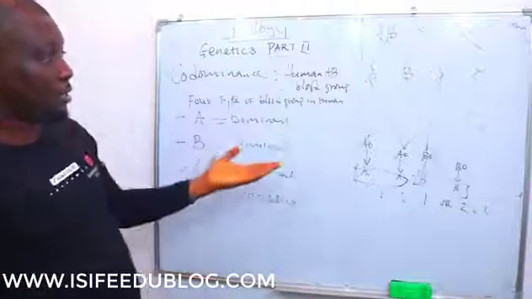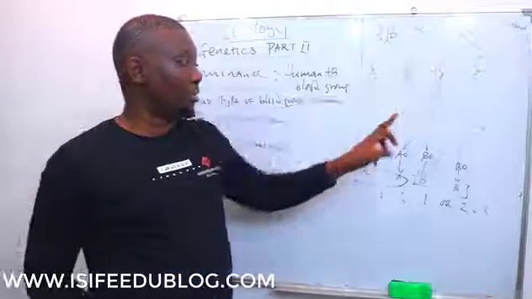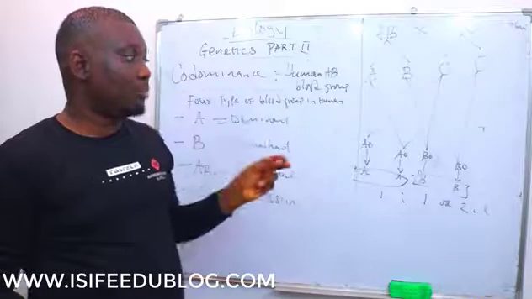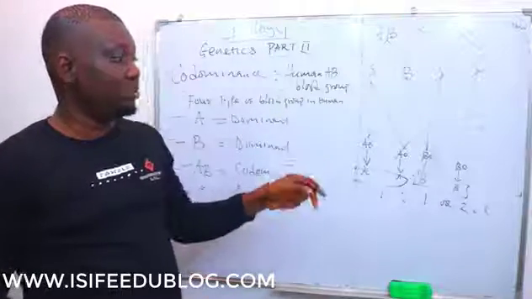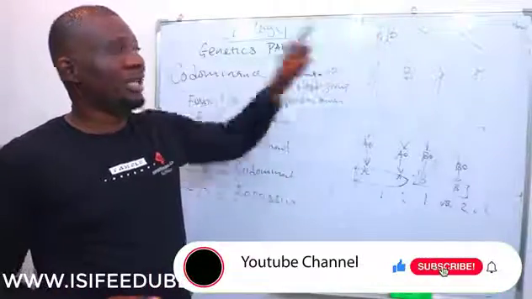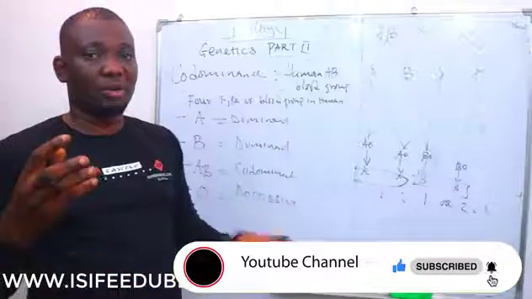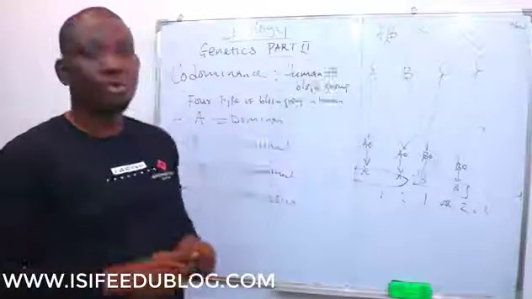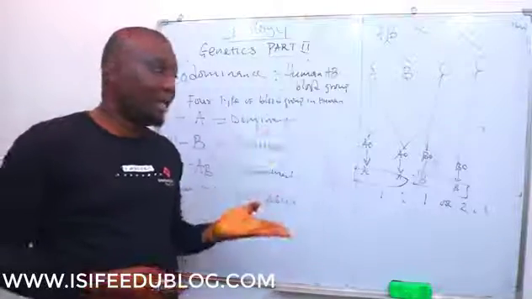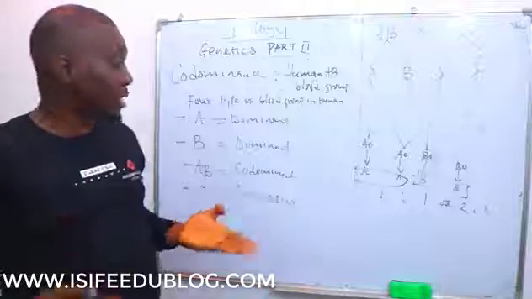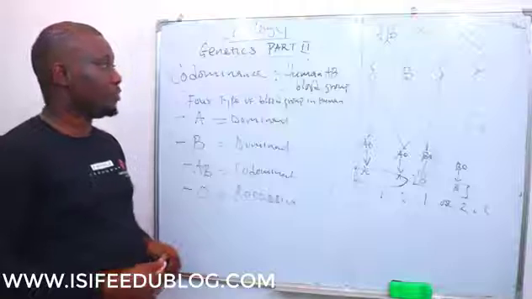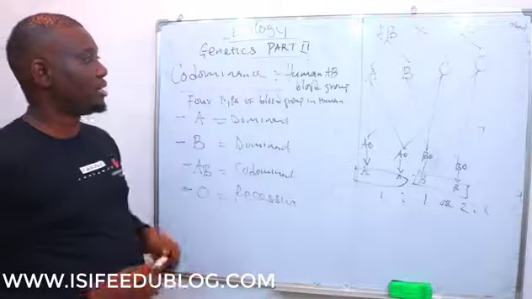In that cross, you find out that the recessive O blood group is not expressed, and those that express themselves are A and B, at the same ratio. That means A and B were both dominant in AB. So since both of them are dominant, they are codominant, because they give you either blood group A or blood group B in the same ratio. That is on the issue of codominance.